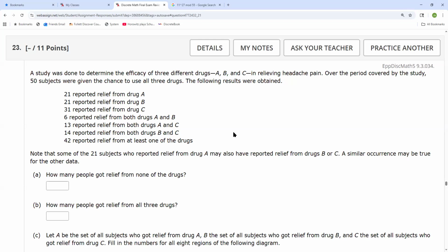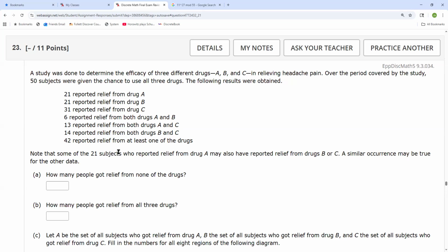So note that some of the subjects who reported relief from drug A may also have gotten relief from drugs B or C. So this is exciting. How do I figure out the answers to this question?